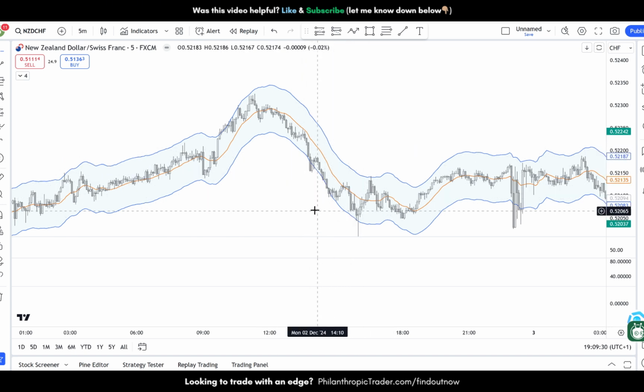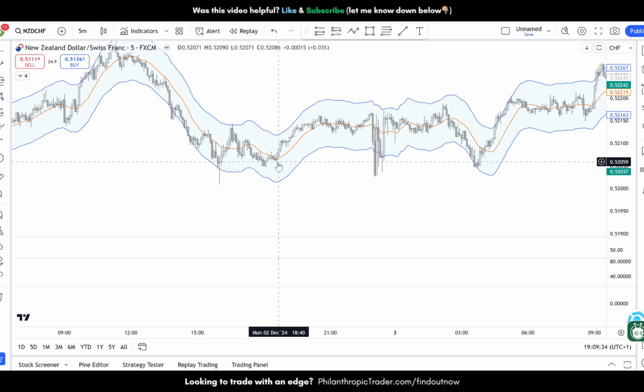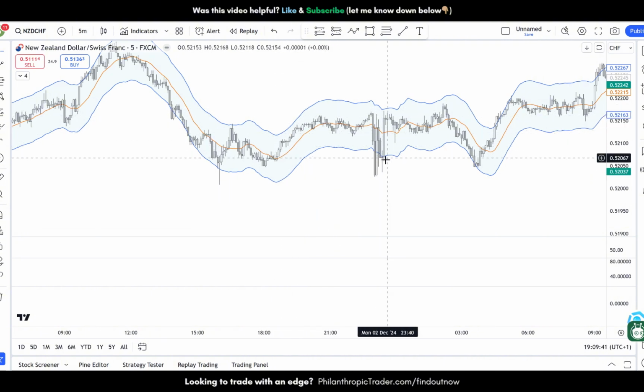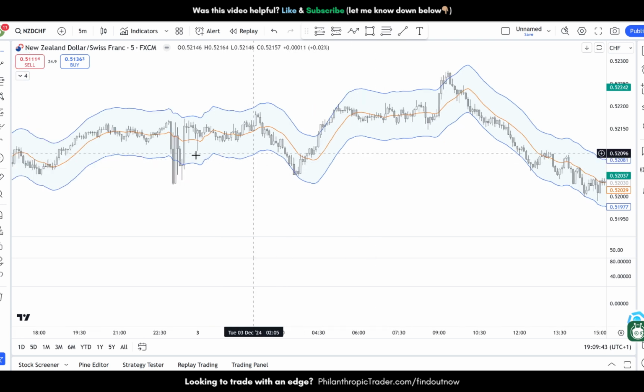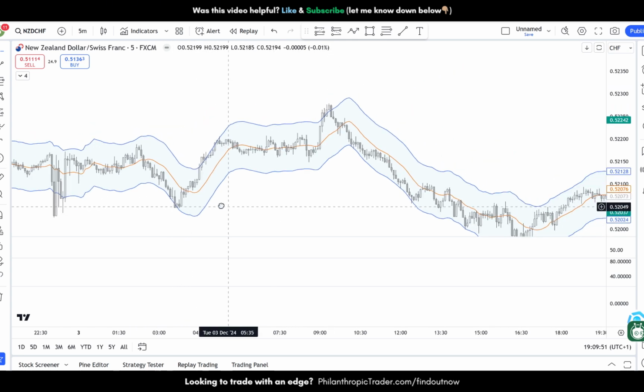So we see price goes down and down and down until about here we see that it goes up. Price goes to the upside, and I believe this is not news, but just the end of the day, and a new trading day starts.